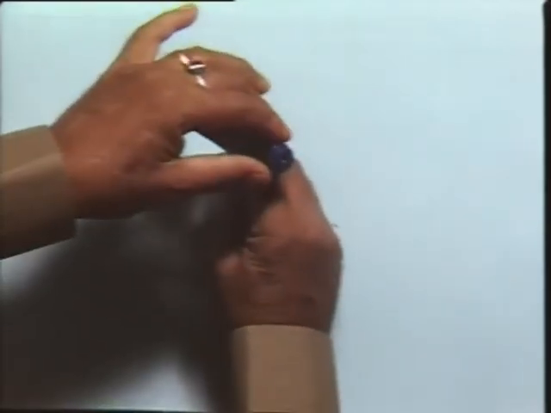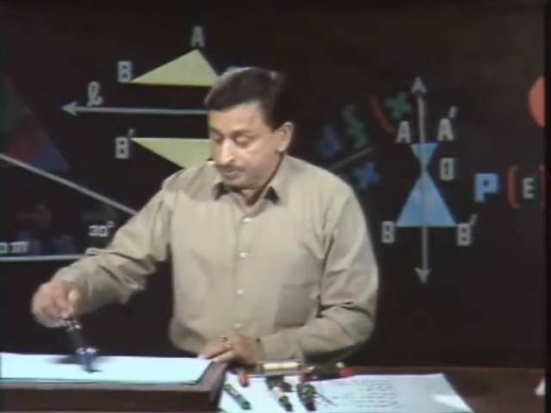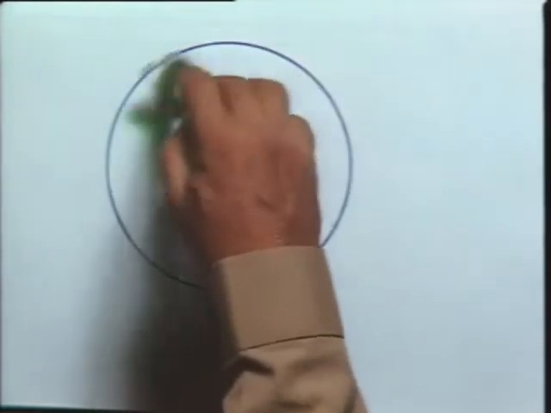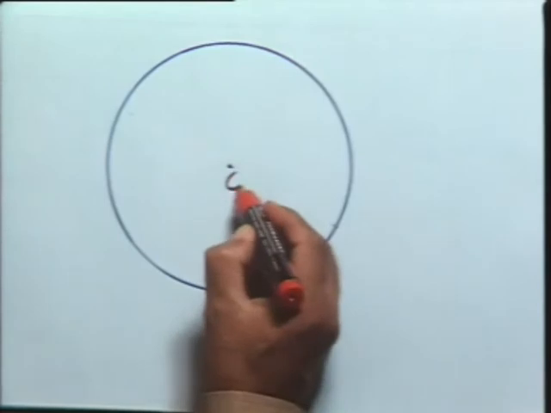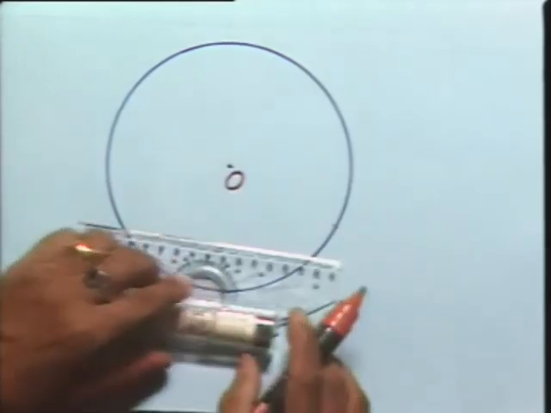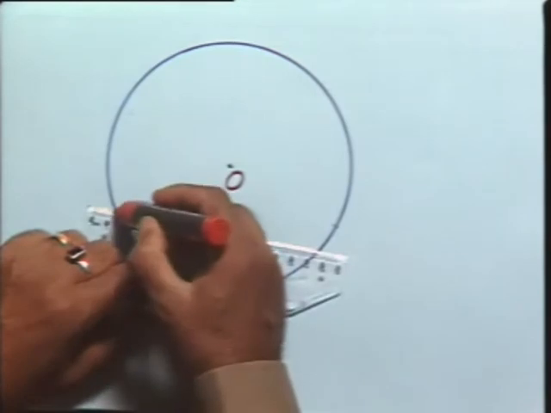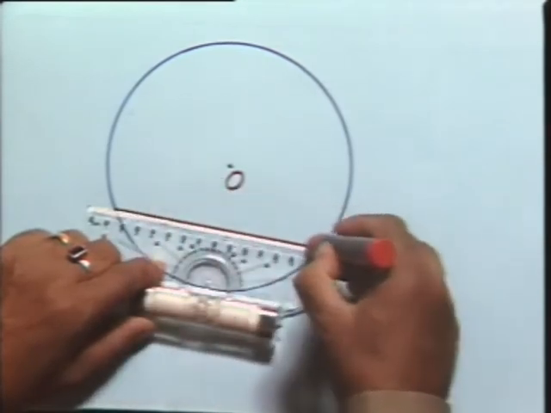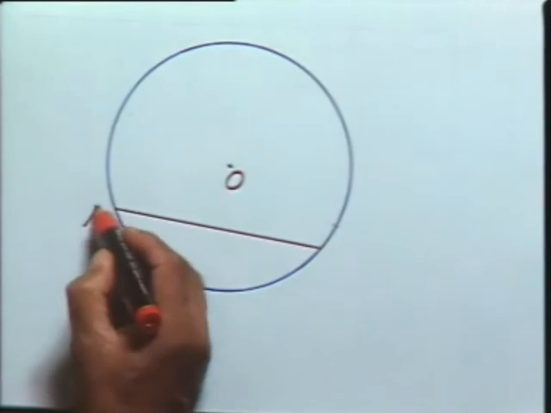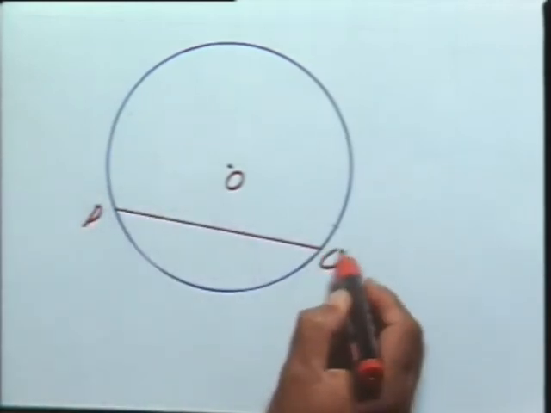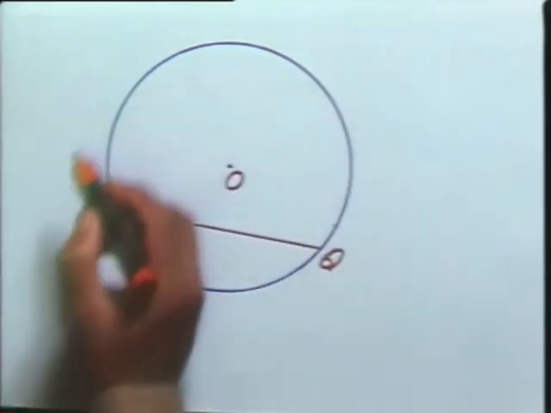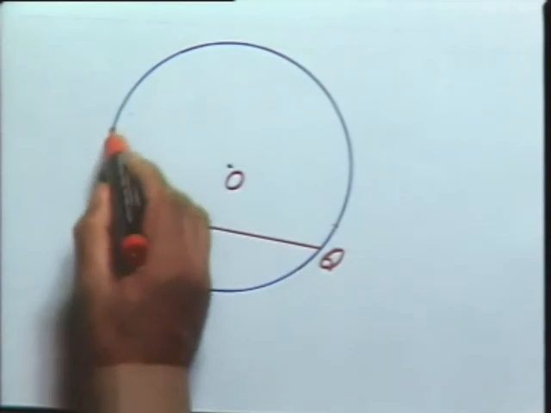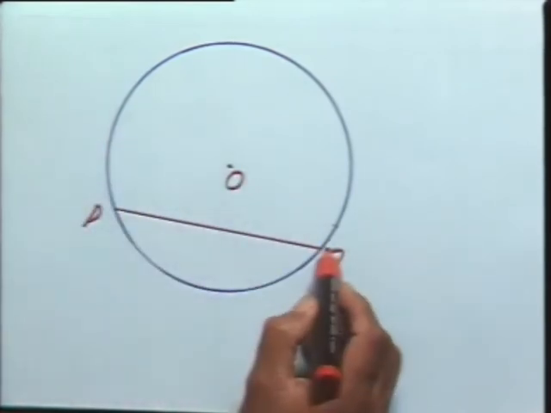So, we draw a circle again, center O, we draw a chord, this is one of the chords. A chord could be anywhere with respect to this circle, but the condition is the end points should be on the circle. P, Q can be anywhere, P has got to be on the circle, Q has got to be on the circle.